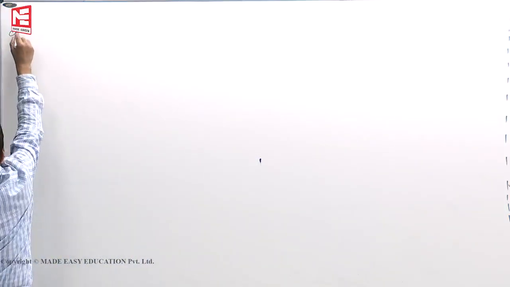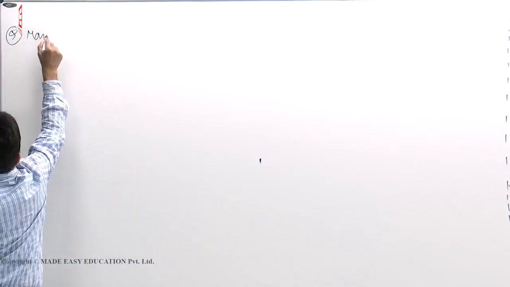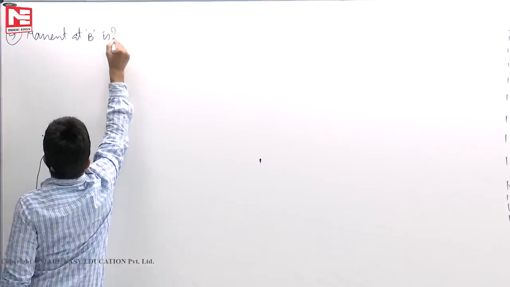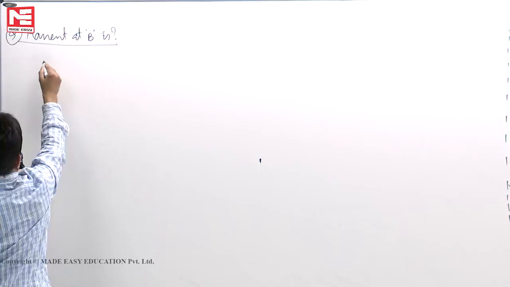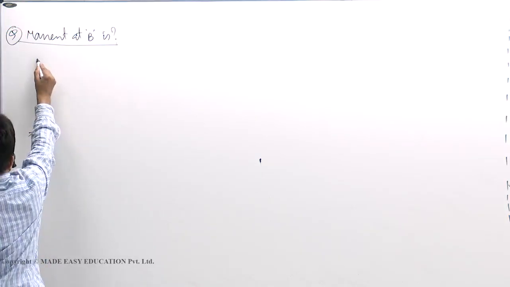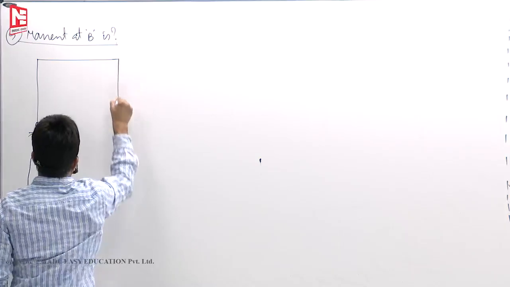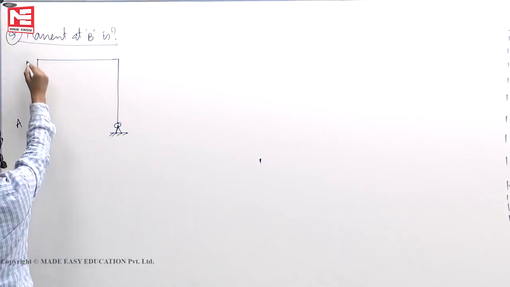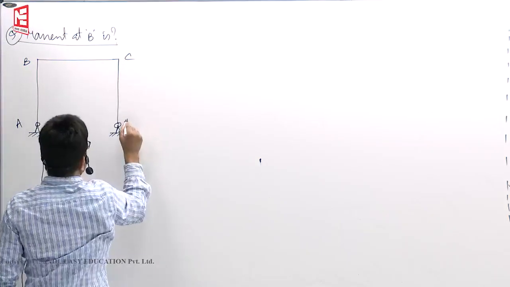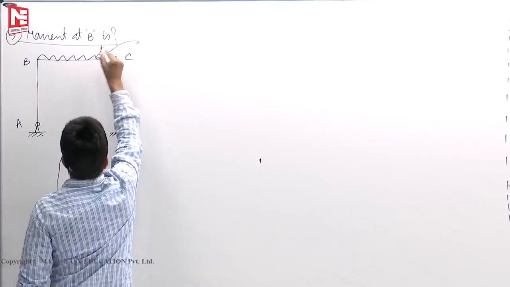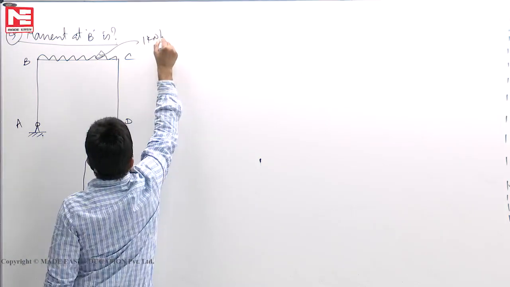Now let us see this one. Moment at B is... this frame with points A, B, C, D, subjected to UDL of say 1 kilonewton per meter.